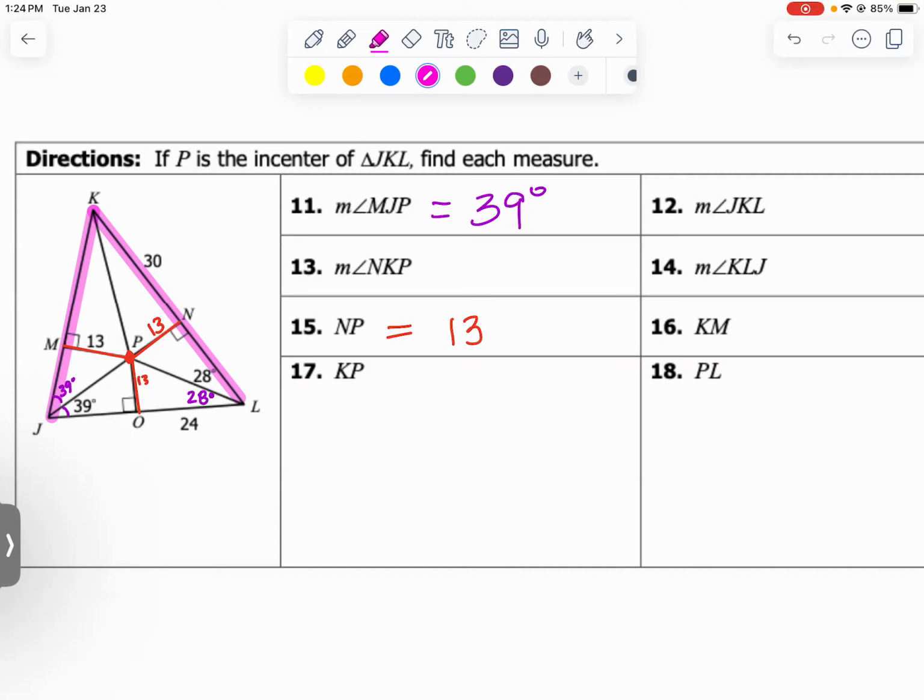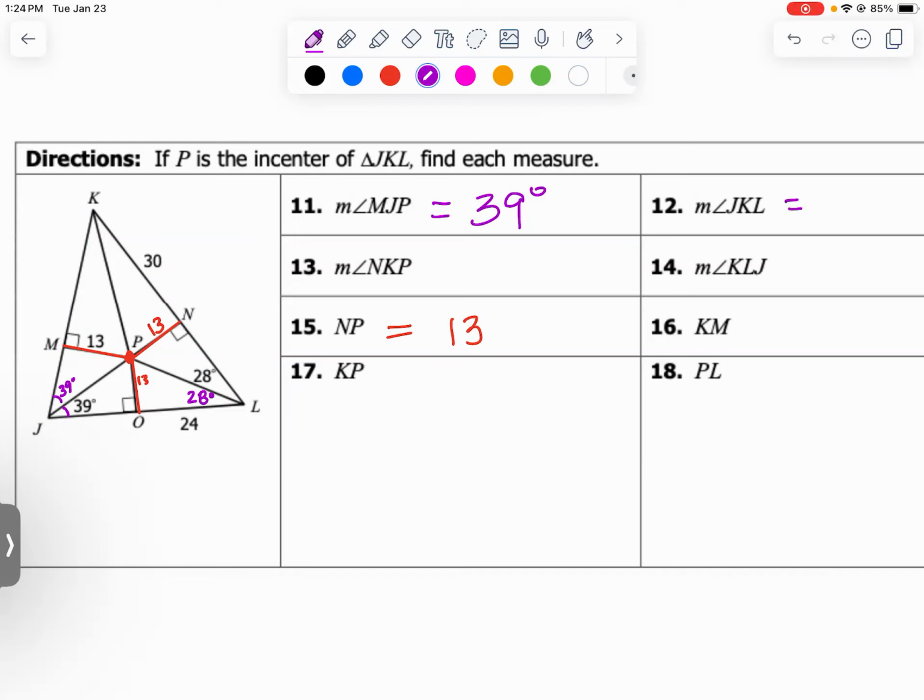So this is 78. Angle L is 54, right? 28 plus 28. So what would, 56, sorry. What would be left over for angle K essentially, of the triangle?